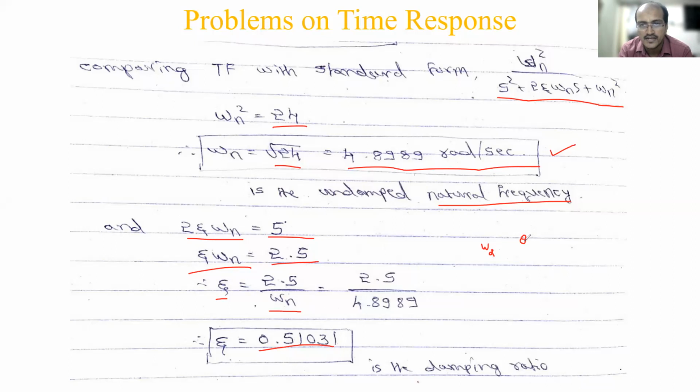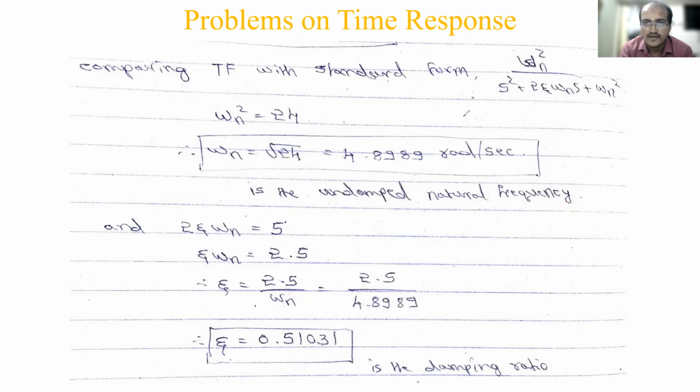For that, omega n and zeta value both are required to calculate omega d. And theta can be calculated as cos inverse of zeta, or sine inverse of square root of 1 minus zeta square, or tan inverse of square root of 1 minus zeta square by zeta. All these three equations give the same answer. Okay, which one is easier? Cos inverse, right? So that only we will apply and find out the two factors.